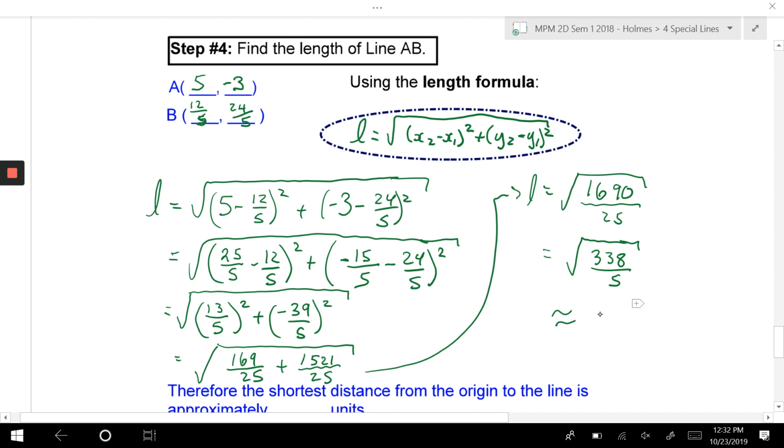Is it 6.7 point something? 8.22, is that? Square rooted. Is that what people got? 8.22, when you take the square root of that?